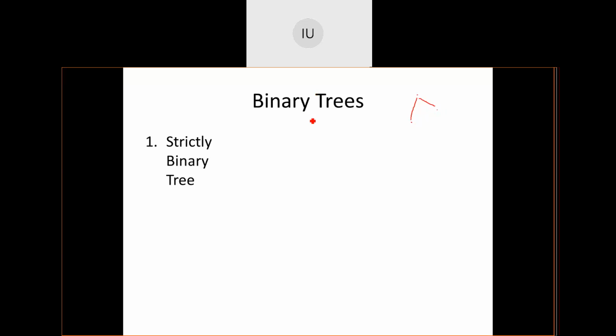Now I'll draw one more diagram. And one more diagram.